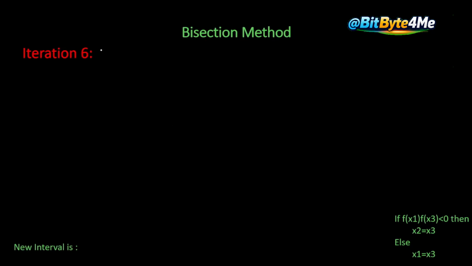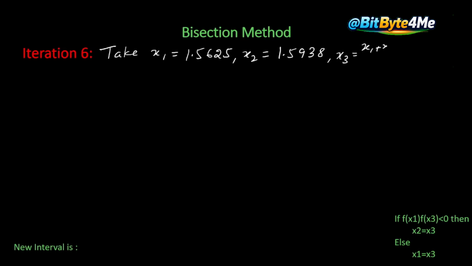So take x1 is equal to 1.5625, comma, x2 is equal to 1.5938, and calculate x3, which is x1 plus x2 divided by 2, and which comes out to be 1.5782.